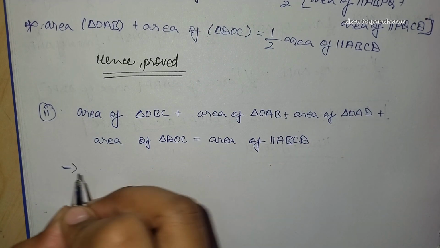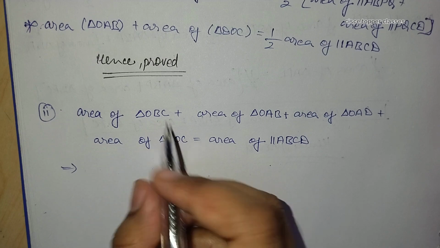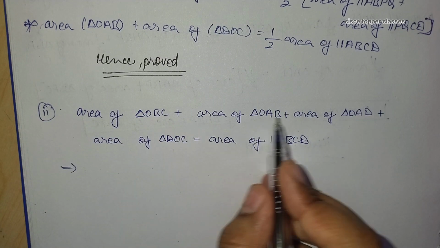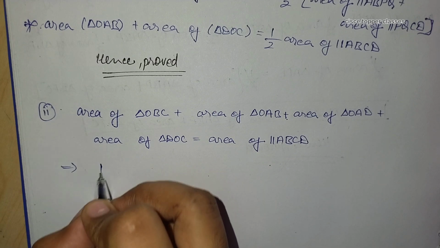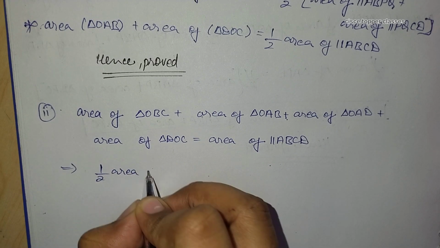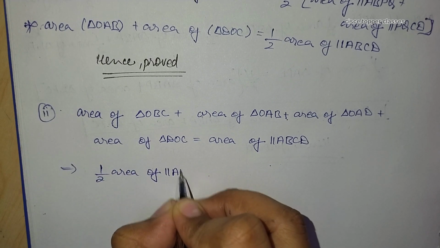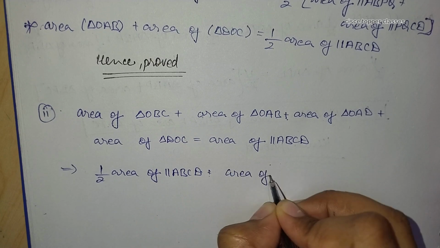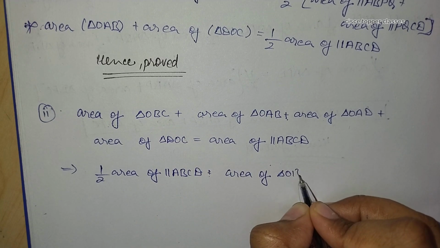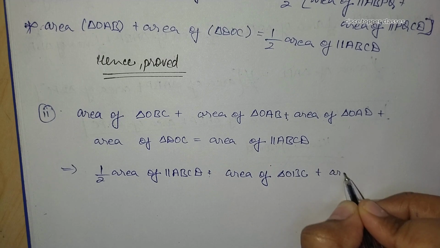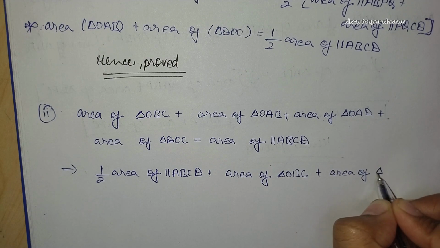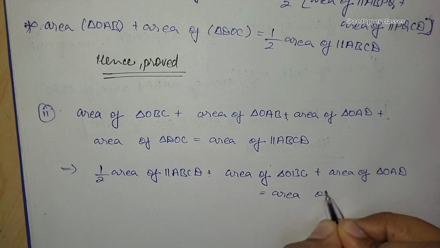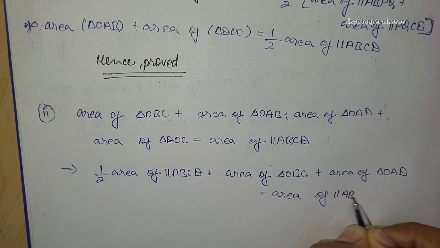Simply we can write here, we will put the value of OAB plus DOC as half of area of parallelogram ABCD, plus area of triangle OBC plus area of triangle OAD is equal to area of parallelogram ABCD.